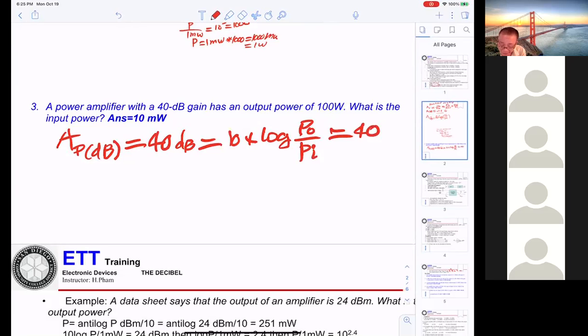Okay, so now same thing. I want to get the log only. Log of P out over P in equals 40. Divide by 10, equal 4.